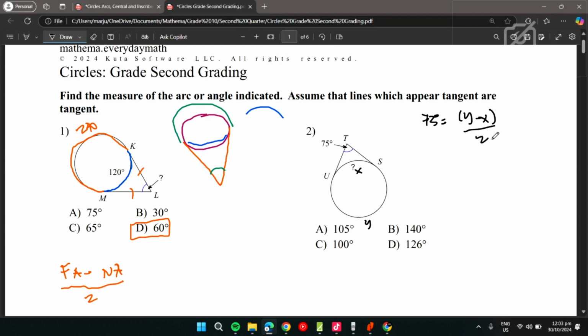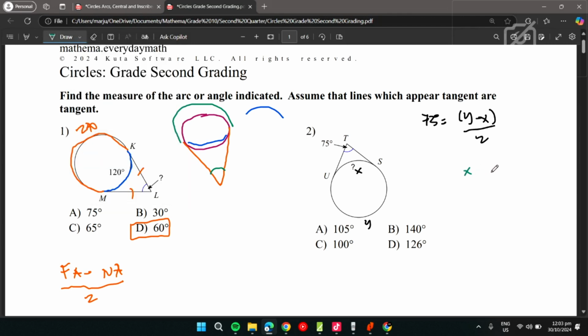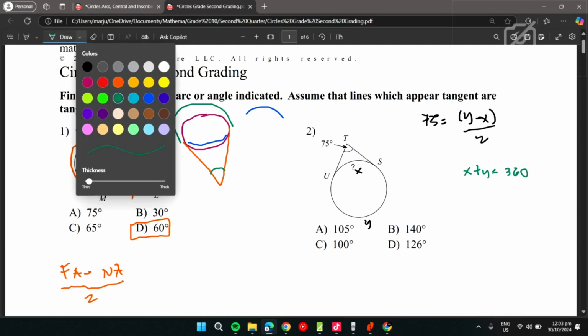And then, alam din natin that x plus y is actually 360. Tama? Alam din natin yan. So, meron tayo ditong equation 1, equation 2.